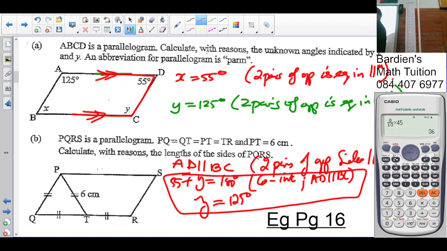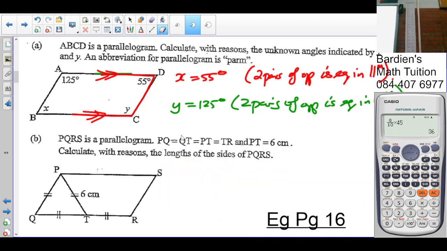But could I have gone straight into this? No, because there were no parallel lines on the diagram. So I had to first qualify myself by saying that AD is parallel to BC. Then I can go with co-interior. This is another way of getting the same answer, but it is an unnecessary extra step.